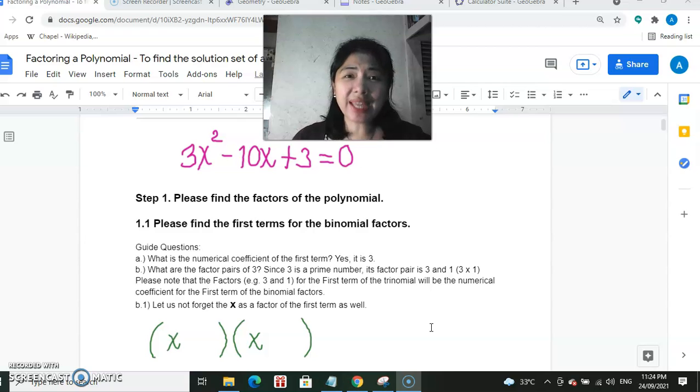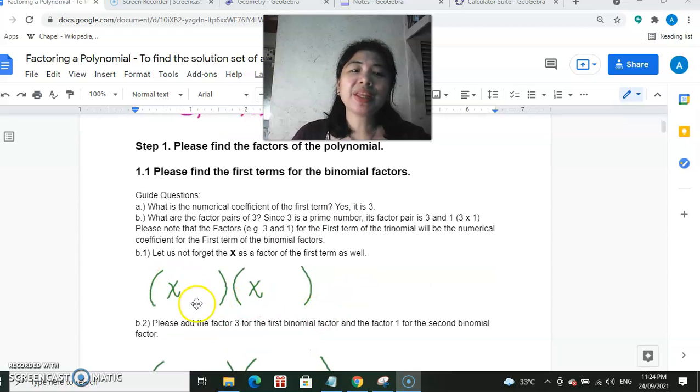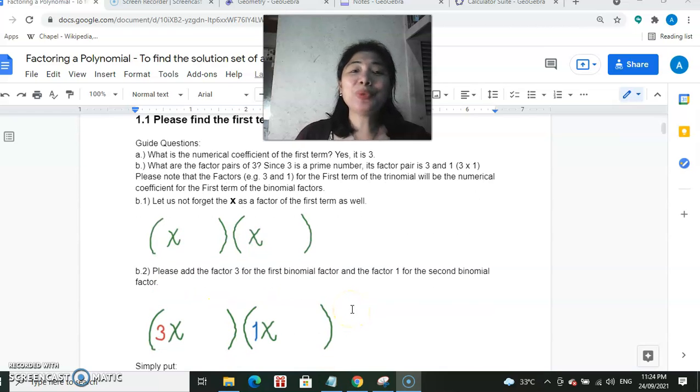Let us not forget first that x is a factor of the first term as well. So we need to write x as the first term of the binomial factors, and then we will add the factors of 3.